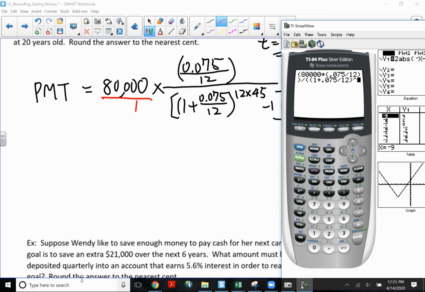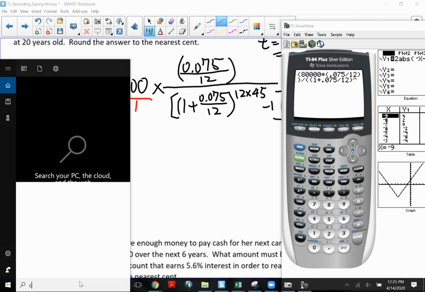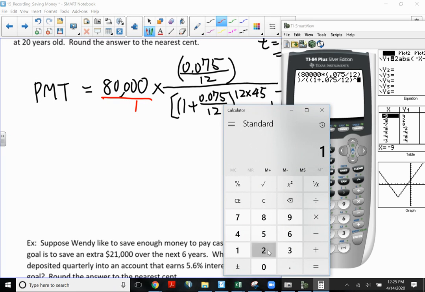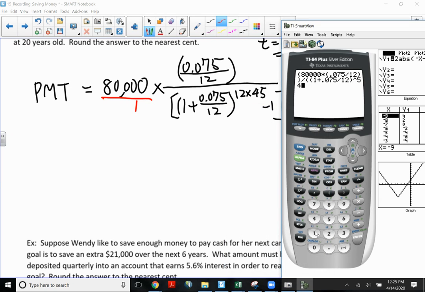So 12 times 45, I'm going to open another calculator to figure that out first. 540. So raised to the 540 power and then minus 1. Close the bracket. It's weird. It does the innermost parenthesis first, then the exponent, before you subtract 1.